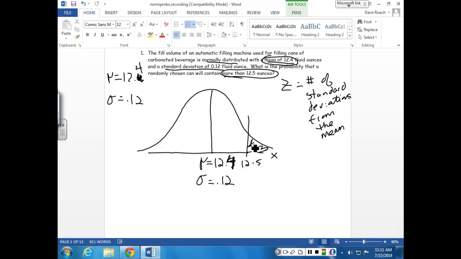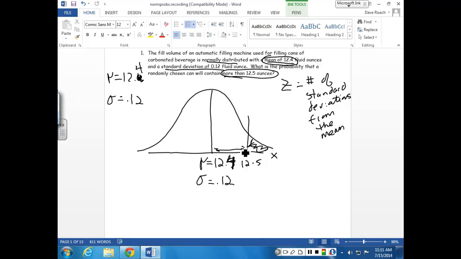So the number of standard deviations from the mean. We can see that this distance, I'm going to write it in a formula in a second, but this distance is about 0.1. That's going to be a little less than one of these. 0.1 away, I think maybe 0.83. We'll calculate it in a minute. Standard deviations away.